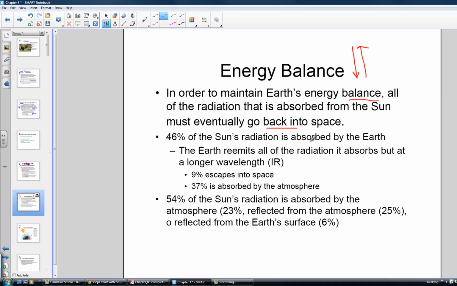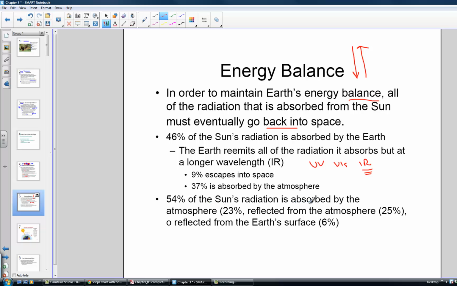If the Sun's radiation is absorbed by the Earth, and remember we had UV, we had visible, and we had IR, infrared, all of the radiation that's absorbed gets re-emitted in this form, a much longer wavelength, which is less energetic. So we absorb high energy, but re-emit lower energy from the atmosphere.